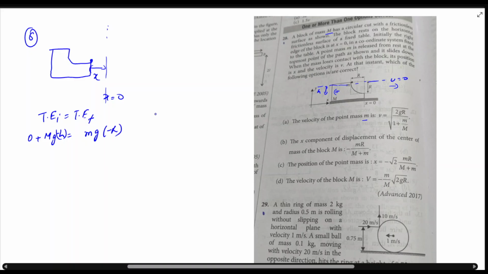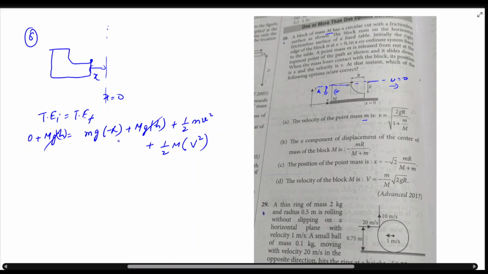The potential of the block will remain the same, so plus Mg h. The small particle will have kinetic energy, and the capital block will also have kinetic energy, half capital M capital V squared.